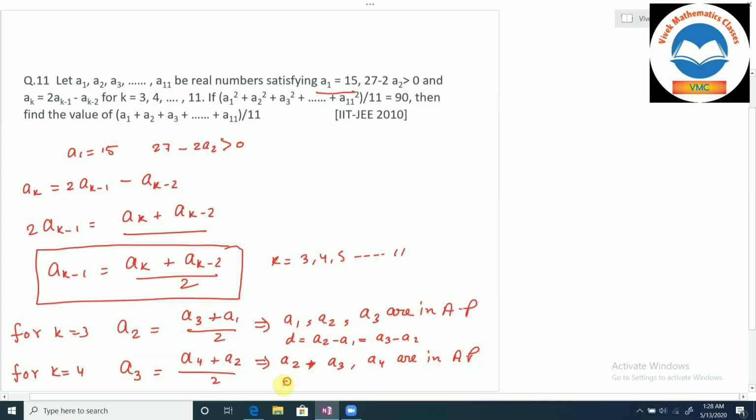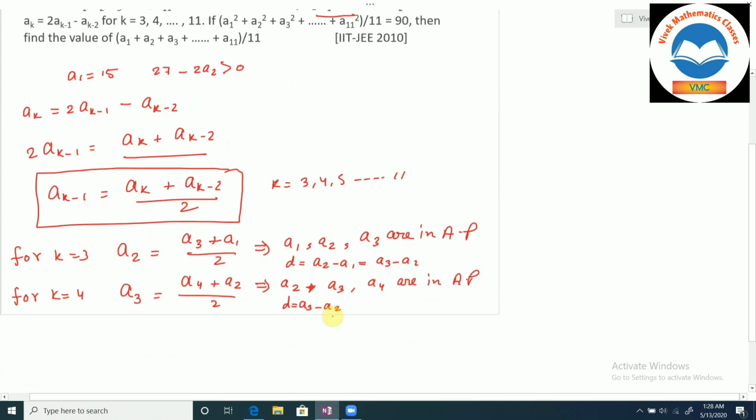Same like this, the common difference of the second AP will be what? It will be A3 minus A2. A3 minus A2 is the common difference of both APs. It means all these four terms are terms of the same AP.